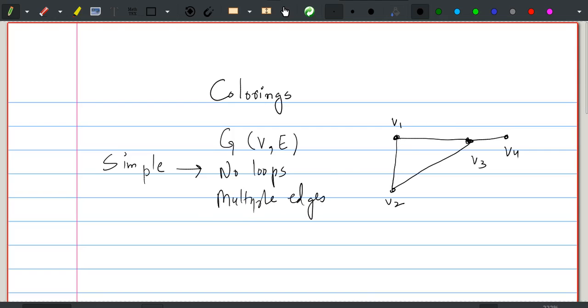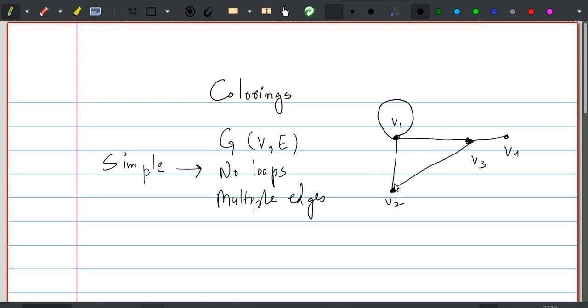So suppose we have this vertex V. If we look at this edge over here, this is a loop at V1. By a loop I mean an edge which has both vertices same, and by a parallel edge between two vertices I mean, suppose let us consider these two vertices V2 and V3.